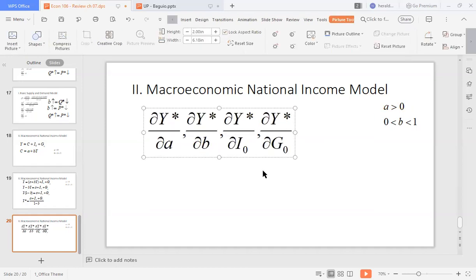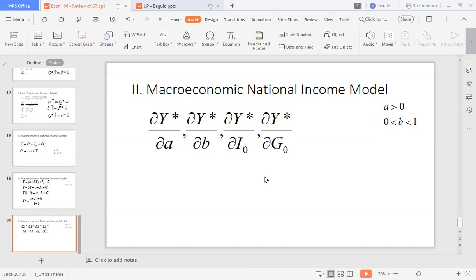So we have 4 partial derivatives. You can do the same exercise for C star later, but for now we'll only have Y star, with respect to the parameters a and b, investment, and government spending. I will probably just do the first two, and you can do investment and government spending later on. So how will we do this?